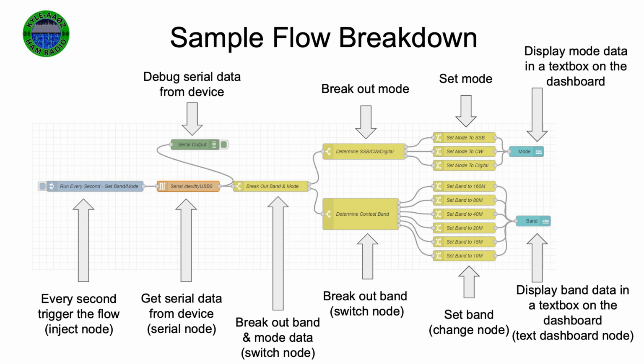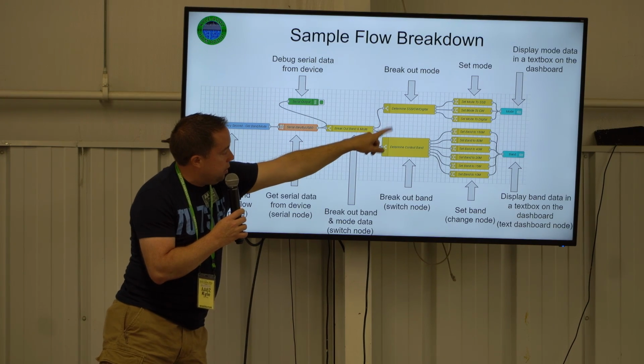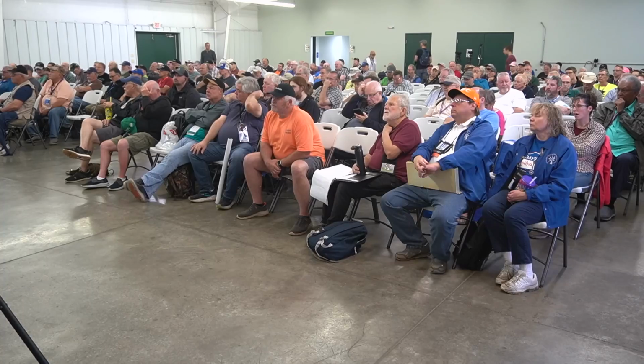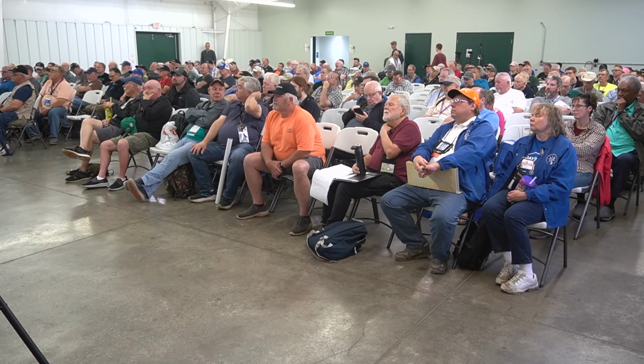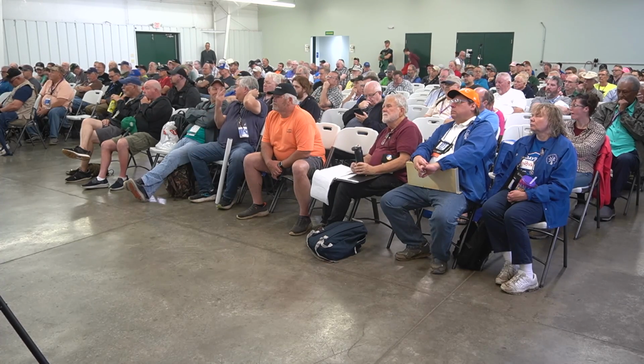Same thing with the mode, sorry. Determine the mode: single sideband, CW, digital, and then it changes the mode to a text file based on the mode, and then sends it to the dashboard. So this is a common flow that you would see in Node-RED.